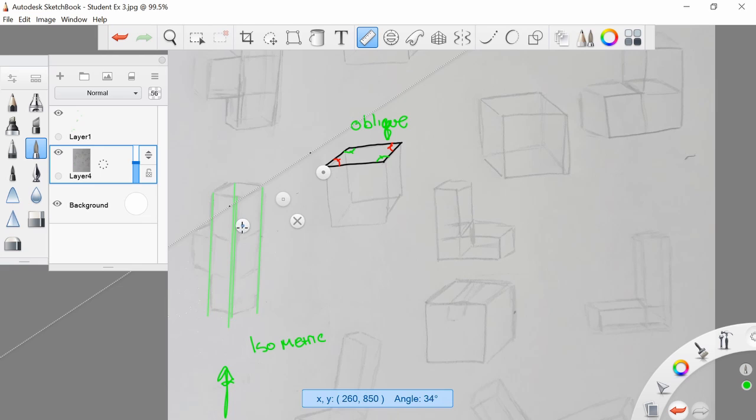There's two sets of diagonals. The first set would be on this angle. And the second set, let's copy it, is on this angle.